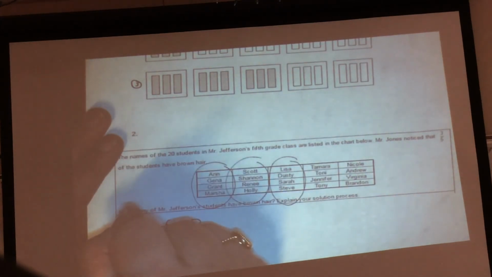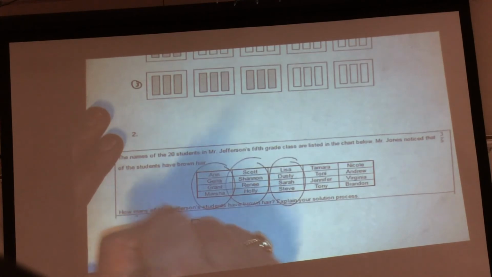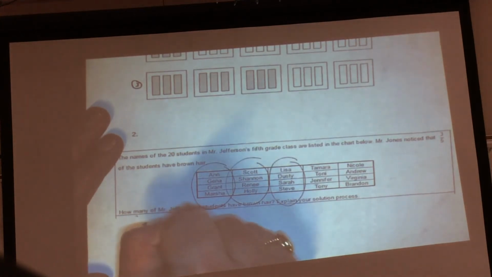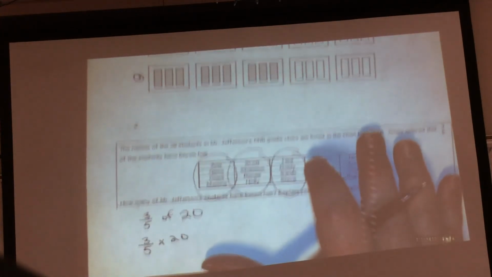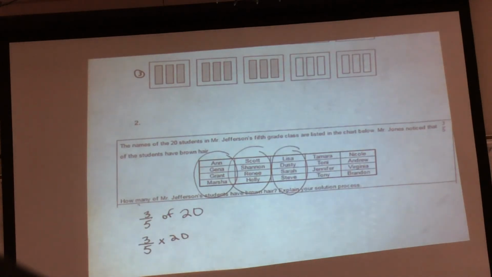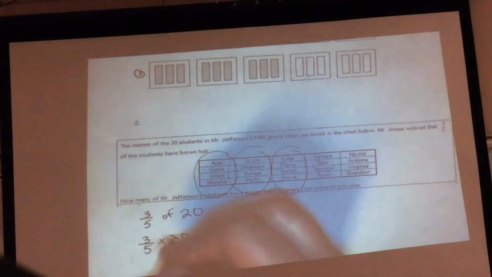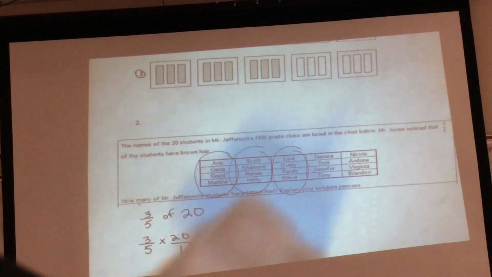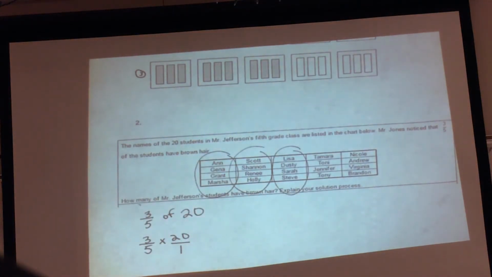Times. Okay. So that's my problem now, right? How do I make my whole number a fraction? 20 over 1. Very good. To solve this multiplication problem, I'm going to multiply across. 3 times 20 is 60.